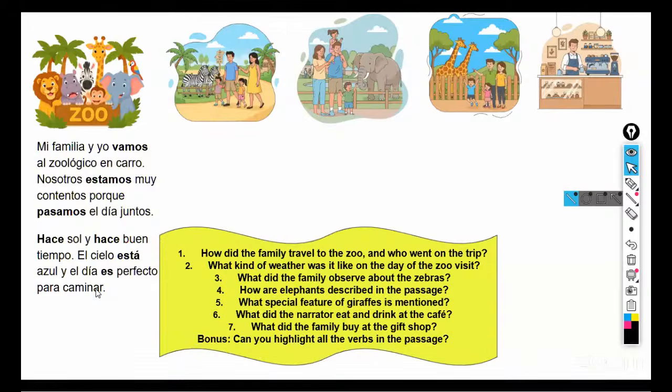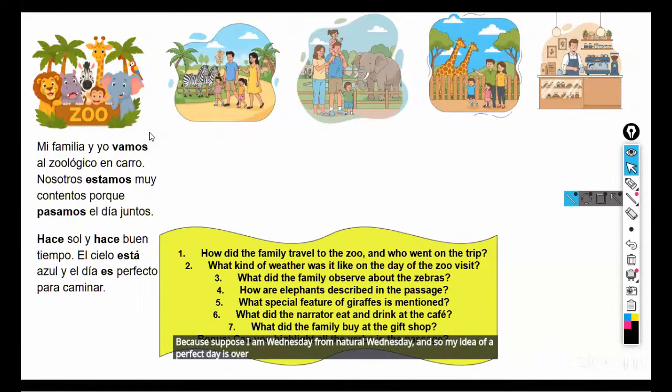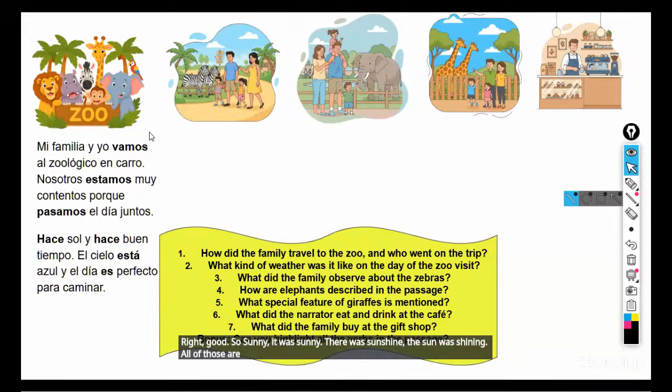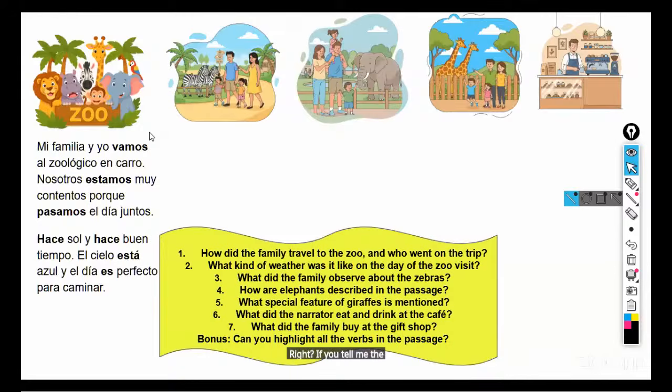What you cannot tell me is that the day was perfect. Because suppose I am Wednesday from that show Wednesday, and so my idea of a perfect day is overcast and cloudy. Good. So it was sunny. There was sunshine, the sun was shining. All of those are acceptable answers. If you tell me the weather was good, that is also an acceptable answer.